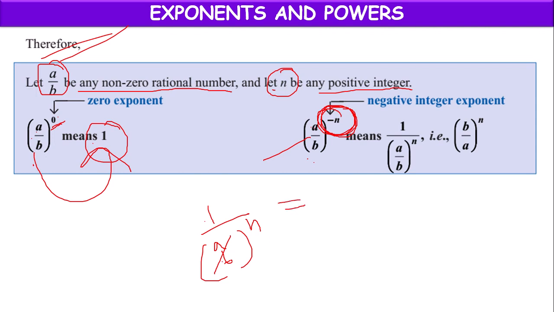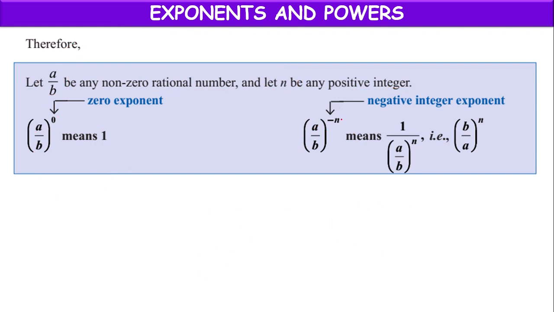In the denominator we again have a fraction, so whatever is in the denominator will go to the numerator, and it will become its reciprocal. It can also be written as b by a whole power n. So whenever we have a negative exponent, in one way we can write it as 1 by the positive exponent to the same base.